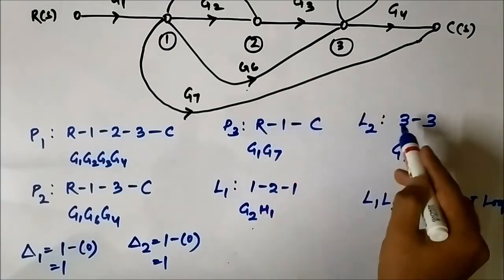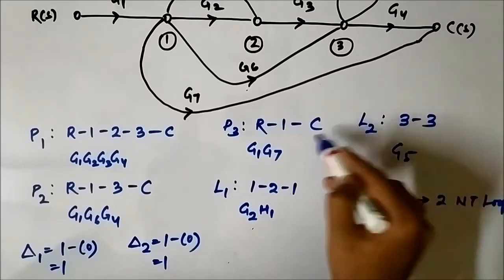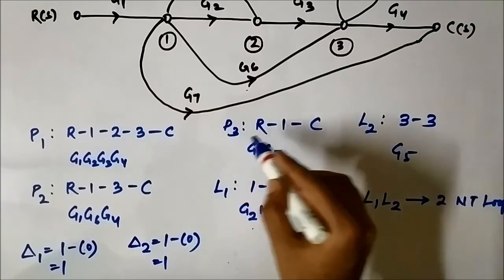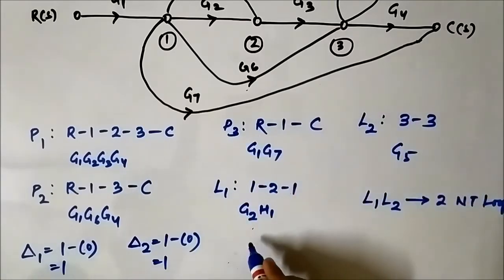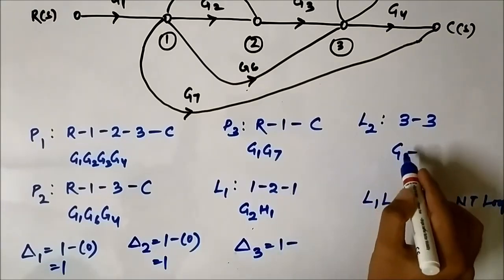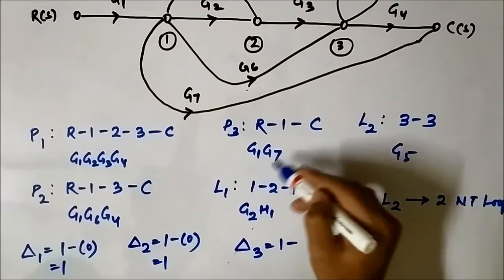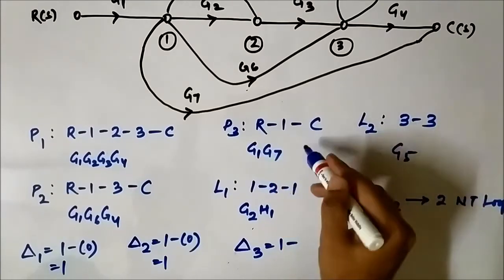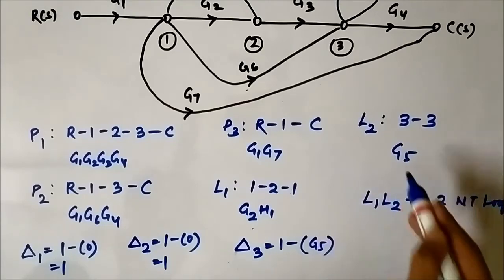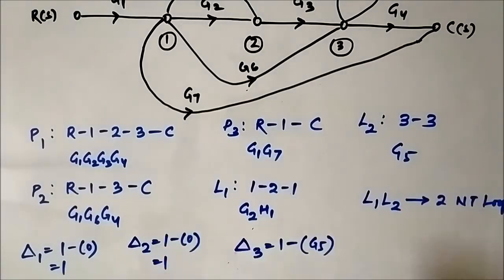Here it is R1 C, L2 has 3 3, no common nodes, so P3 is not touching L2. So the path factor for P3 is 1 minus the sum of the loop gains of the loops which the path has not touched. As P3 is not touching L2, we have to include that loop gain here, G5. Okay, so we have determined delta 1, delta 2, delta 3.